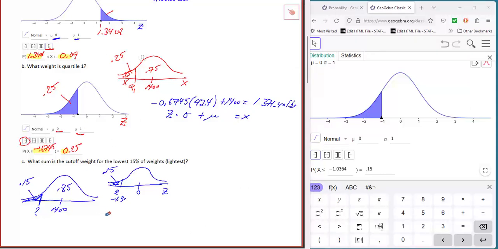No, I don't get that. One more time. Negative 1.0364. So again, I use this. That's how many standard deviations I'm about to use. So I'm going to use 1.0364 standard deviations.